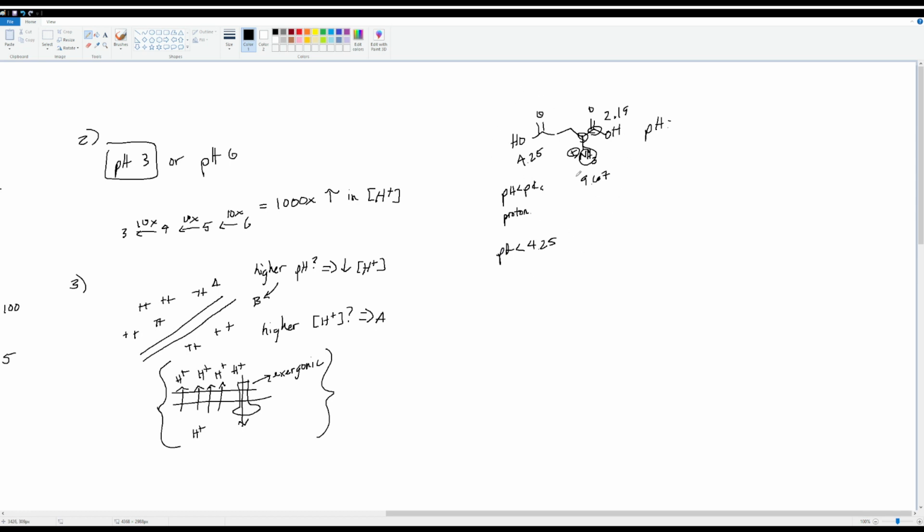Okay, now let's move on to our second one, our amine. Is our amine protonated or deprotonated? It's protonated. So if it's protonated, what must be true of my pH? Does my pH need to be less than, equal to, or greater than my pKa?